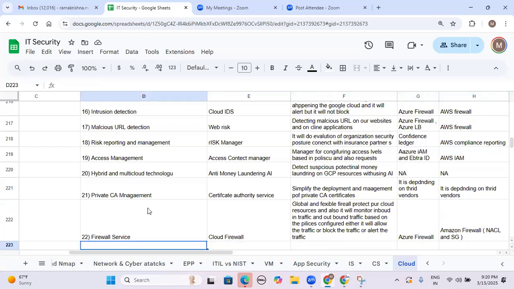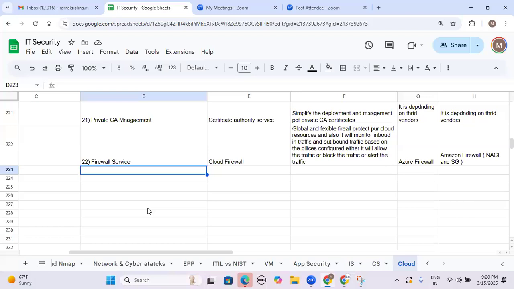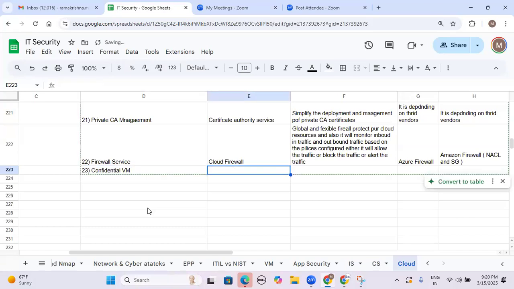Next one is the confidential VM. This confidential VM name, we can call it a resource name or service name, confidential computing. What is the functionality of this confidential computing?